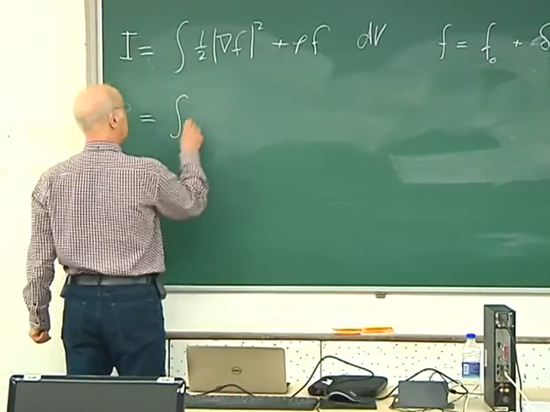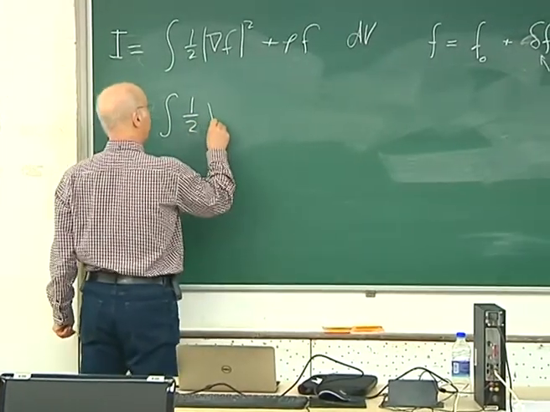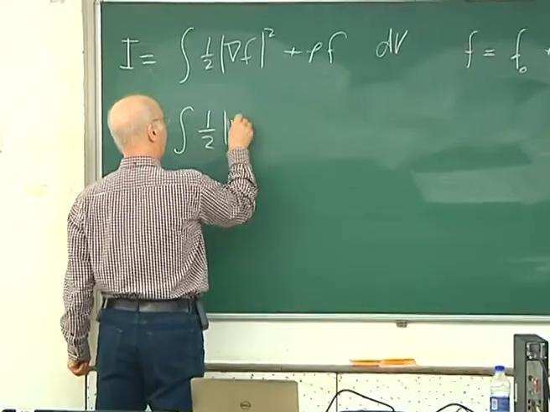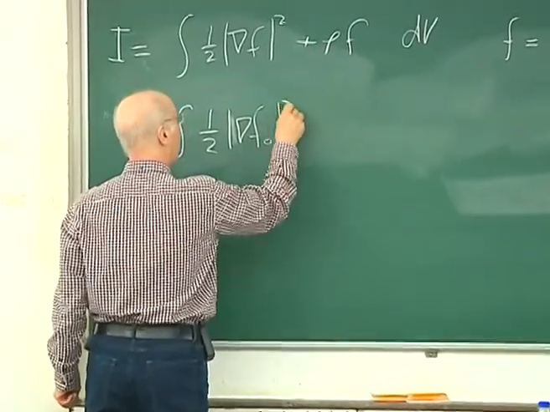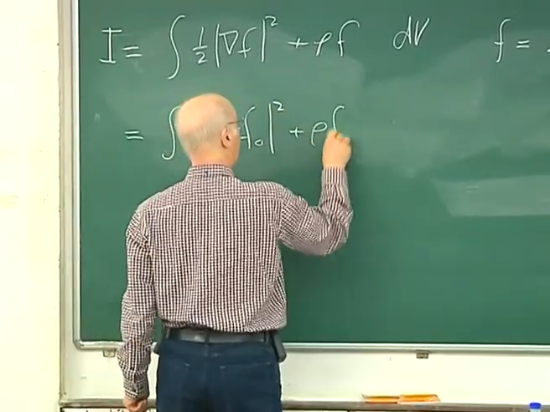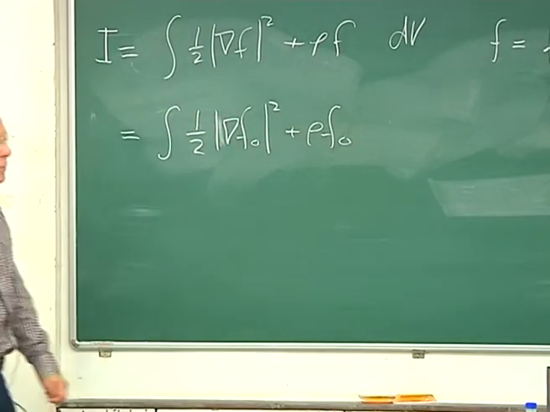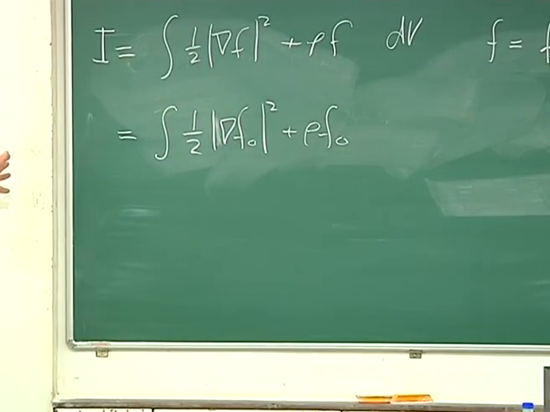So the first bit, no difficulty. So that's when delta is 0.